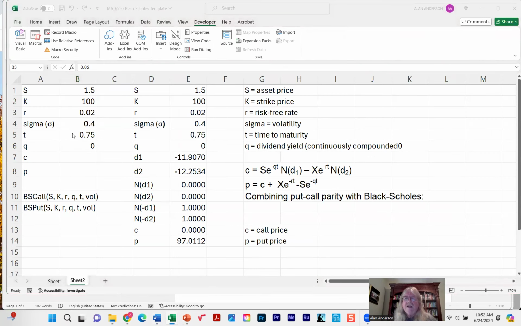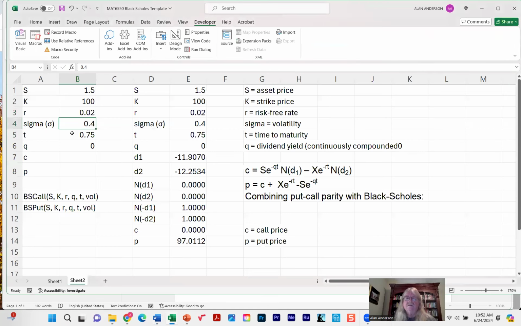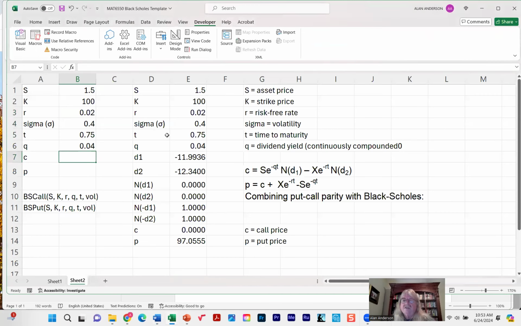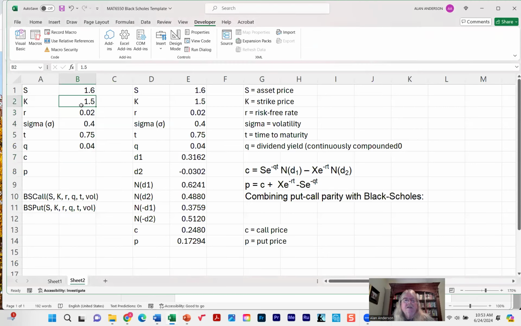That's still 2. And UK rate is 4. That's the Q, by the way. That's the tricky part. The Q is the 4, the British rate of interest. The exchange rate, the current exchange rate is $1.60. That's your S. Oh, I know what I did wrong. Strike is $1.50. There you go. I did that incorrectly.